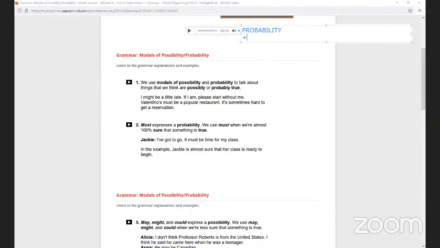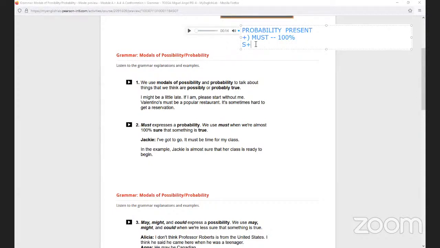So, when we talk about affirmative statements, we are always going to use must for talking about probability. It means that we are talking about something that is 100% probable, that it's going to happen. 100%. So we are really, really certain. When we use must in affirmatives, this is the probability for present.